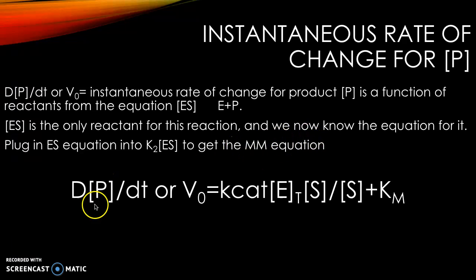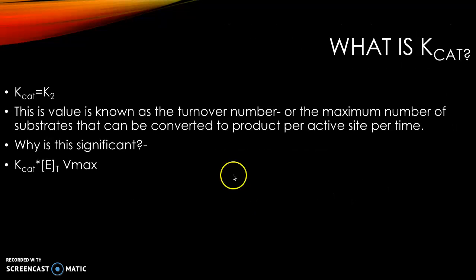Here's what the early version of that equation looks like, where initial velocity equals Kcat times the total enzyme concentration times the substrate concentration, divided by the substrate concentration plus Km. That equation looks a little strange because we don't know what Kcat is. So what is Kcat? Kcat is roughly equal to K2. This value is also known as the turnover number, or the maximum number of substrates that can be converted to product per active site per time.